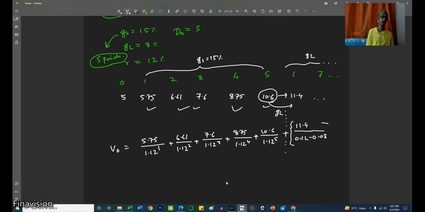So this entire value has to be again divided by 1.12 to the power 5 to get the value at t is equal to 0, because if we calculate this we will be getting the t is equal to 5 valuation. If we divide this by 1.12 to the power 5, we get the value at t is equal to 0. The value of this perpetual portion at t is equal to 0, we get it if we do this entire calculation.